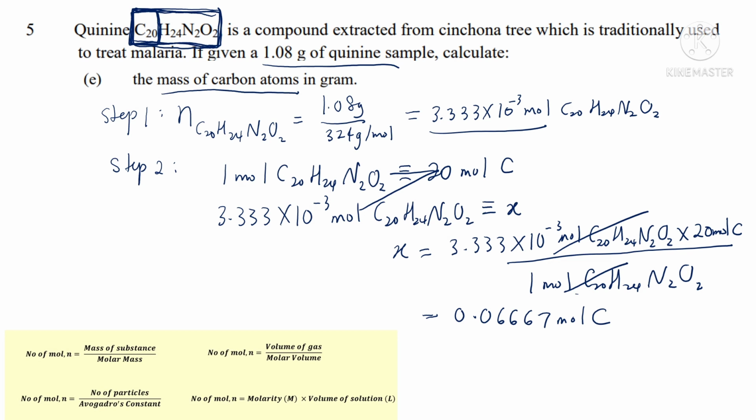After we have found the moles of carbon, then we can move on to step number 3. So step number 3, we want to find the mass of carbon atoms in gram. So which formula to use to find the mass of carbon?